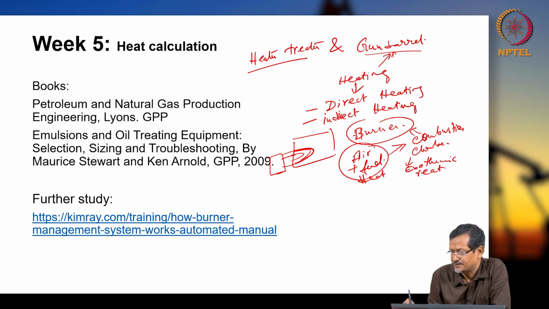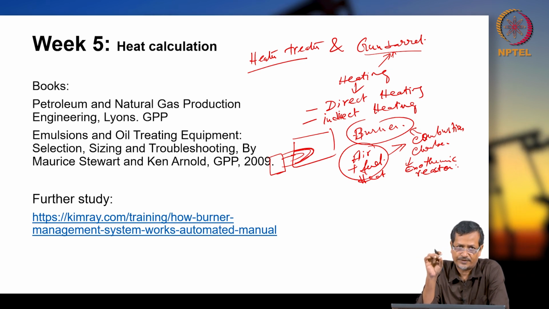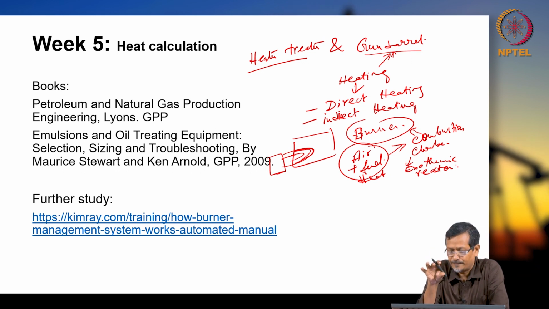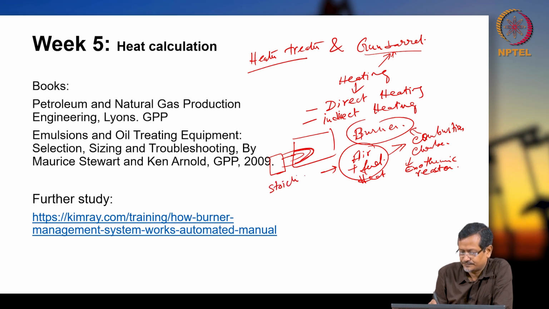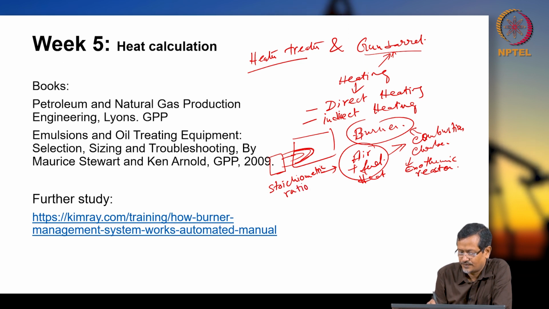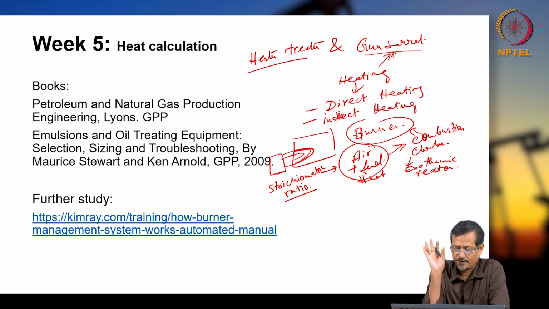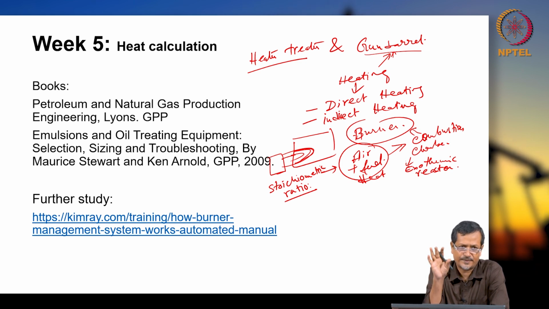Exothermic reaction. Okay, and air, how much air you have to give? You cannot give air whatever you like. Okay, you have to give air in controlled way. The term is called stoichiometric ratio. Okay, the stoichiometric ratio means, let's say 1 liter of oil maybe requiring 1 meter cube air.